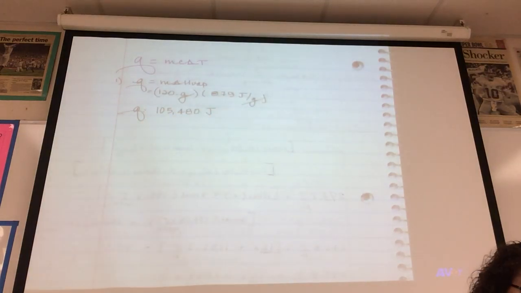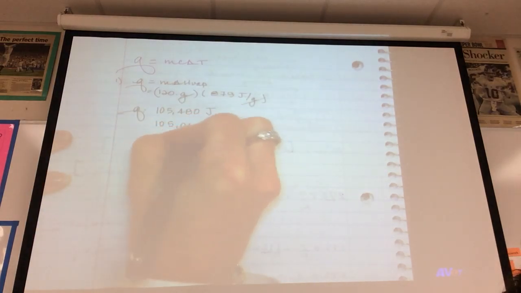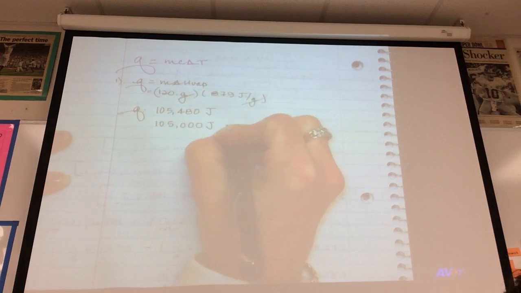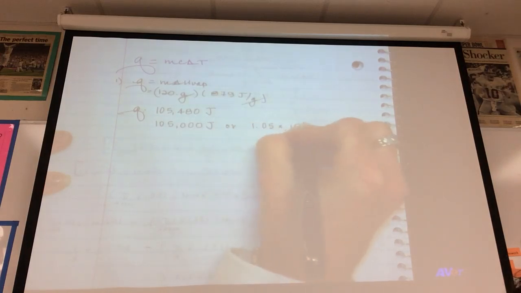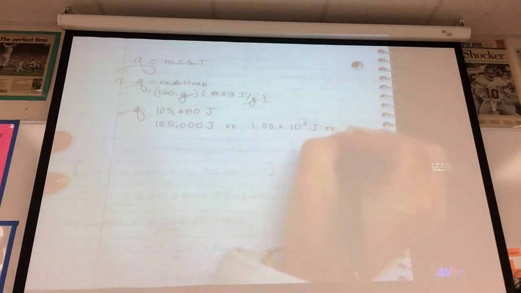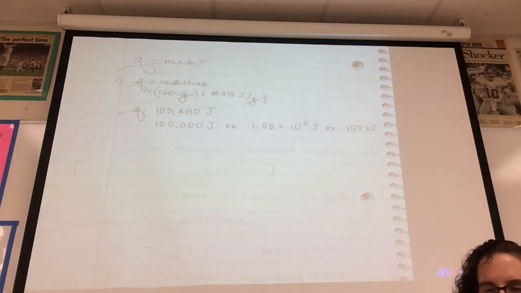We do want to watch our sig figs, though. You can do this, or this, or this. Any of those would be fine. Please remember that 1 kilojoule is 1,000 joules.